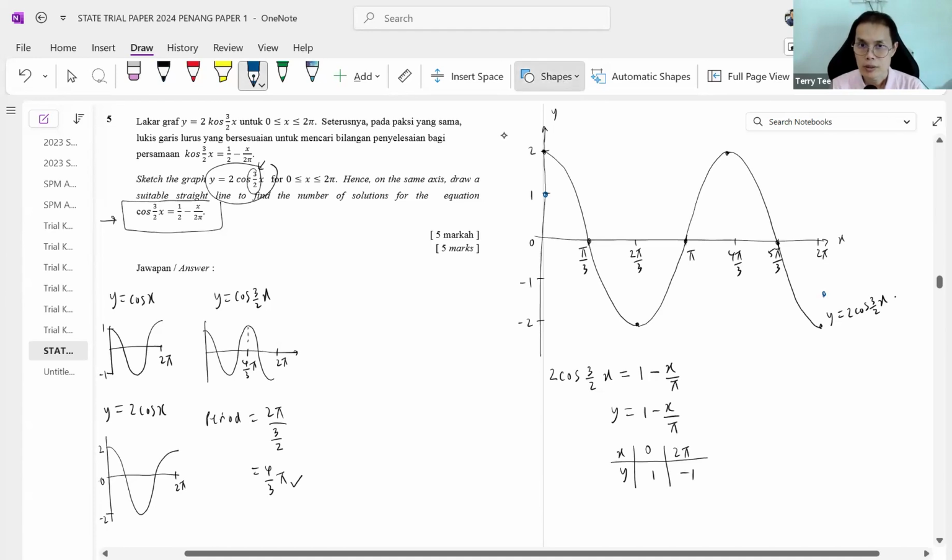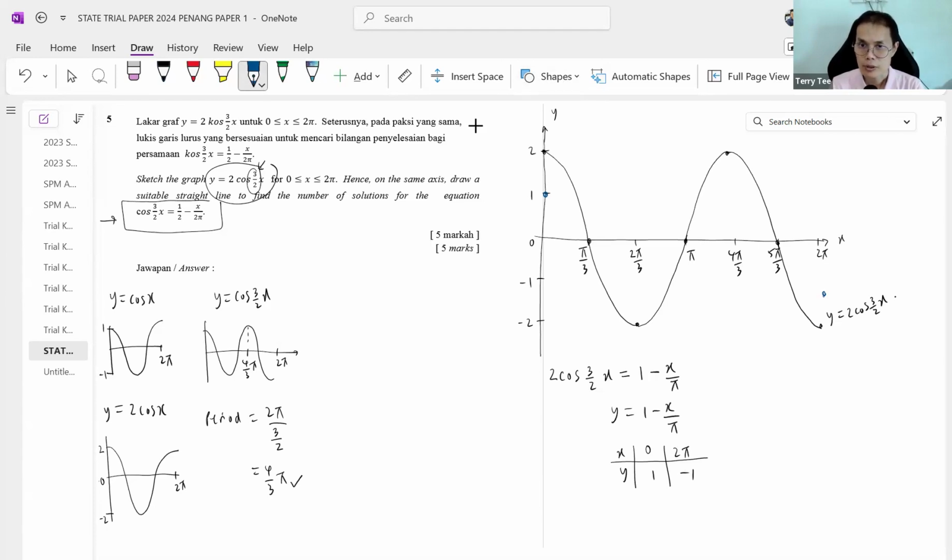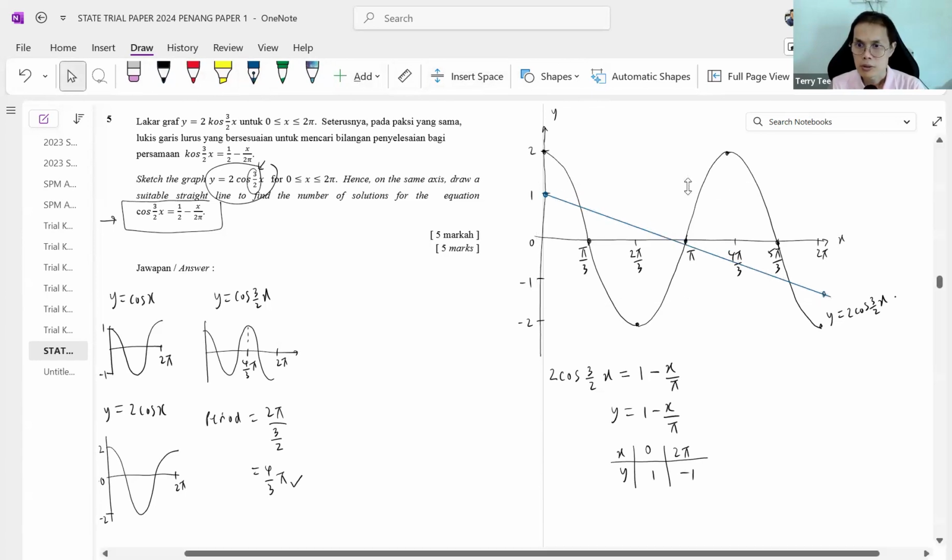All I need is a straight line. So I'm going to draw a straight line from here. It looks like this. Maybe it can be better, a bit lower, because mine doesn't look very good. Okay, I think it's okay.